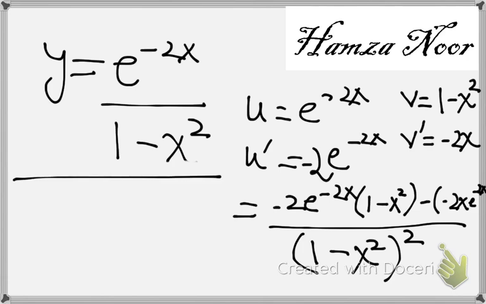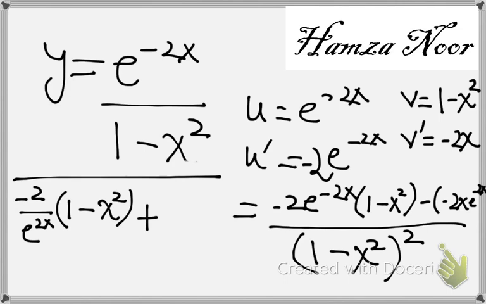Okay, so you can write it like this: minus 2 over e to the power 2x. Why? Because e to the power minus 2x is the same thing as 1 over e to the power 2x, multiplied by 1 minus x squared, plus 2x over e to the power 2x.